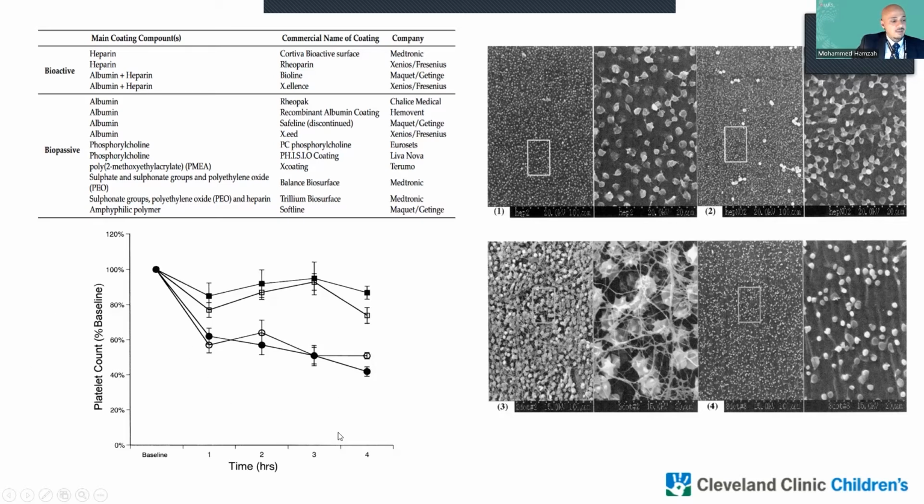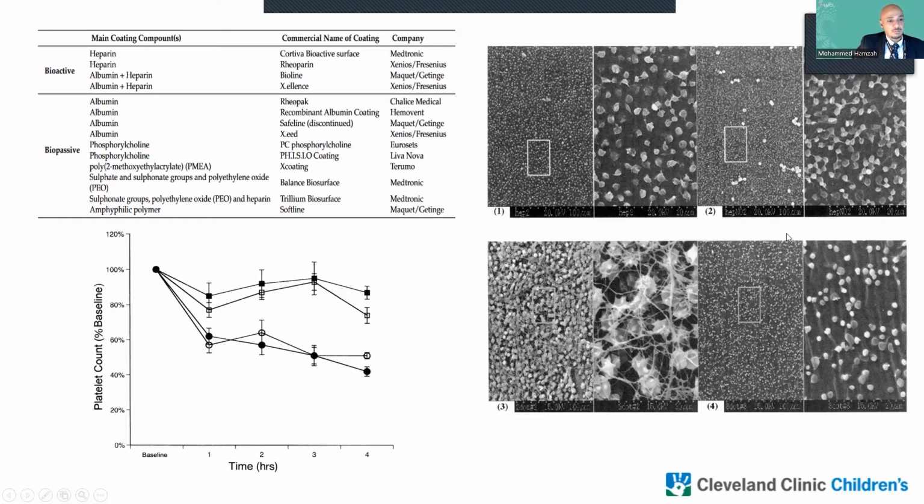Here in this graph, you can see the effect of nitric oxide releasing circuits on animal models of ECMO, where the box here is showing circuits with nitric oxide releasing characteristics, where there was a mild decrease in the platelet count from baseline versus the conventional ECMO circuits.